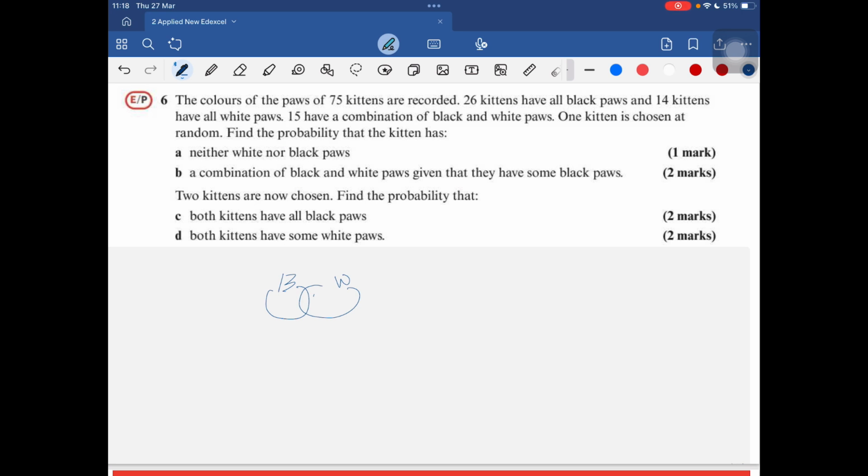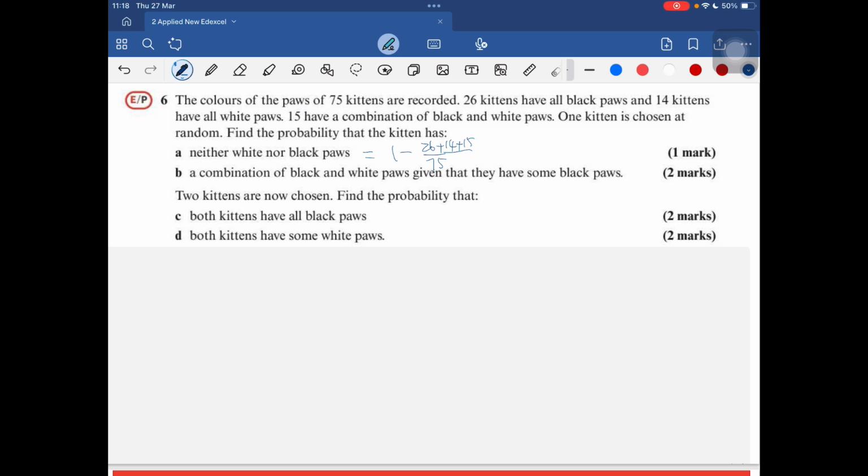Neither black nor white. So 1 minus 26, 14, 15 over 75.